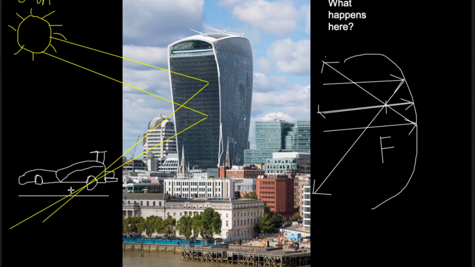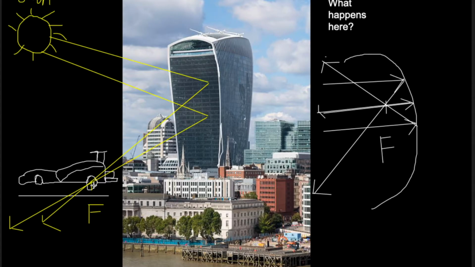And boom, this is a concave mirror, these are parallel light rays, they are going to converge at one point. As you can see, this is the point at which they converge, so we will call this the focus.